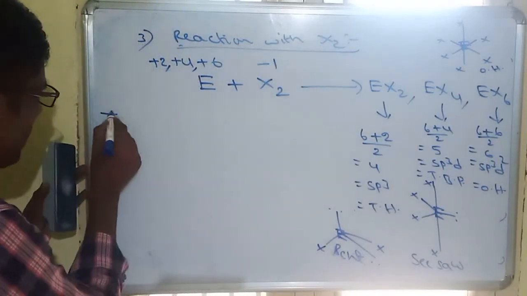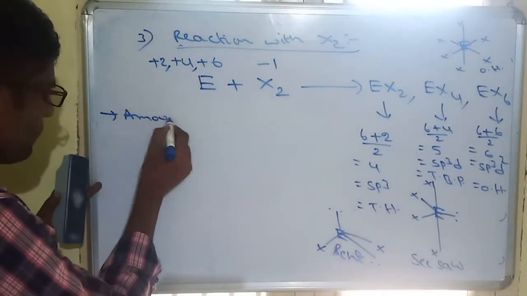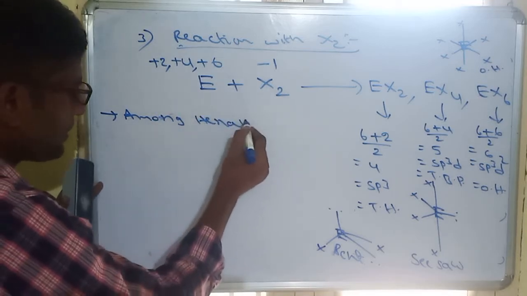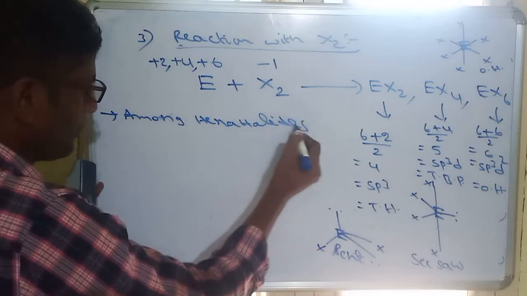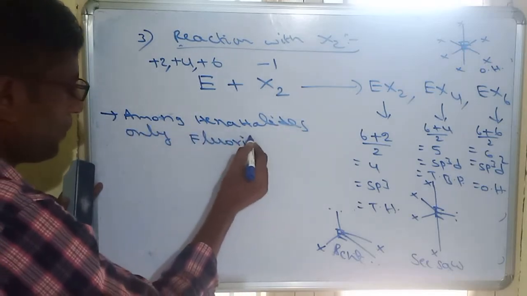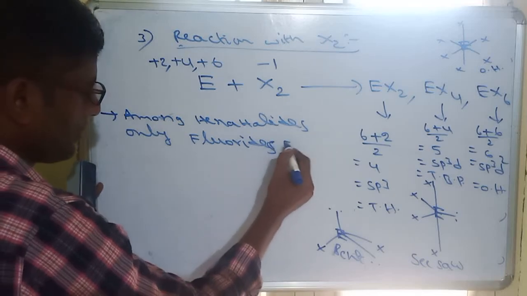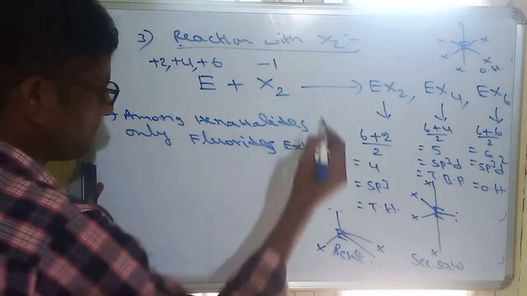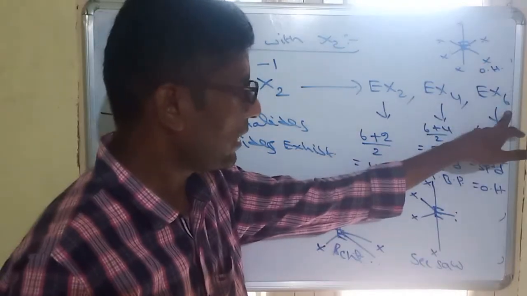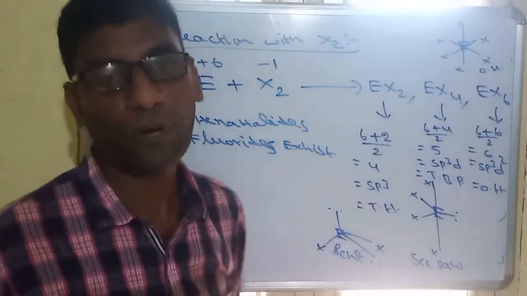Now when we are observing among hexahalides, only fluorides exist. In EX6, that means hexahalide, mostly the halogen must be fluorine.